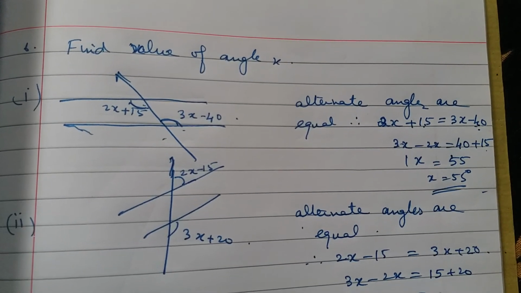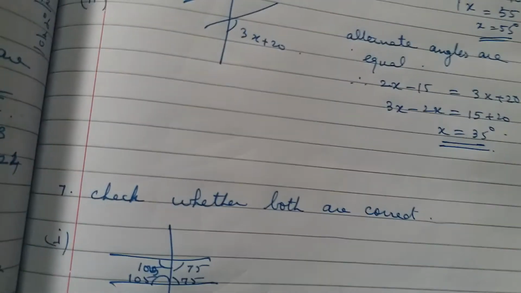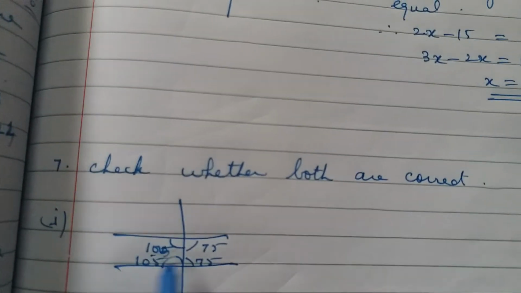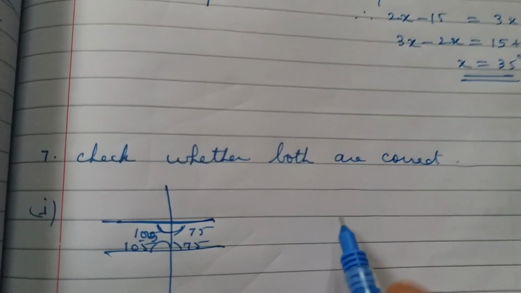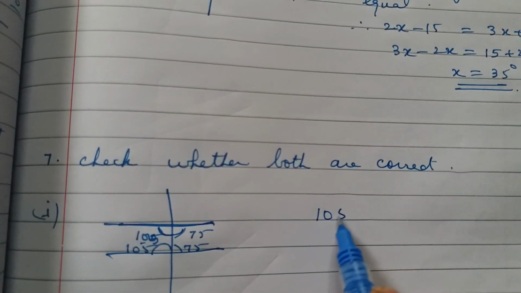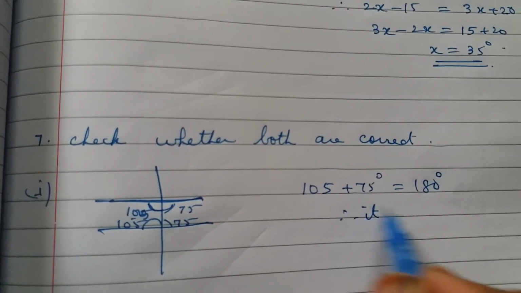It is equal to 35. So your x is equal to 35 degrees. Check whether both are correct. Here this is a straight angle, so if you add, you must get 180 degrees. So 105 plus 75 is equal to 180 degrees. Therefore, it is correct.